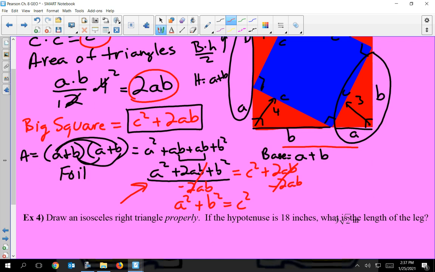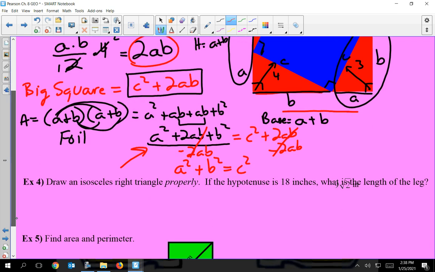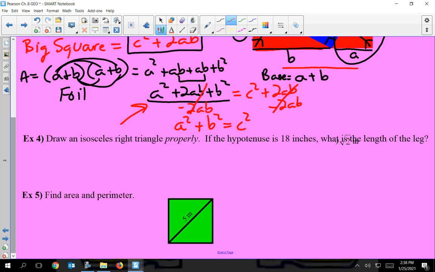You got the Pythagorean theorem, okay? So, I don't know, it's kind of cool how you can do that and prove it. I don't know if it's really a proof, but kind of a neat way to be able to do that one, okay?